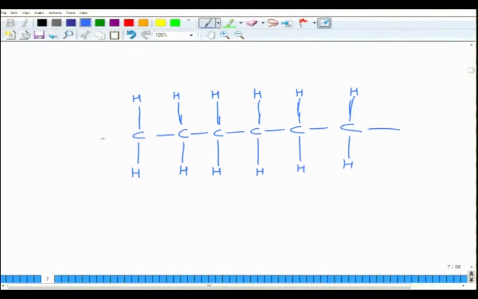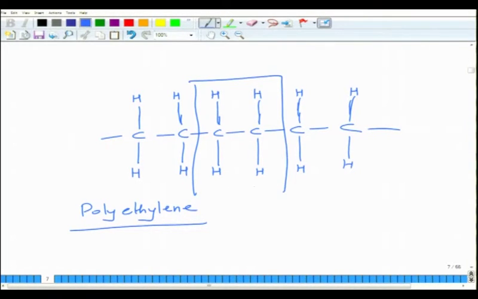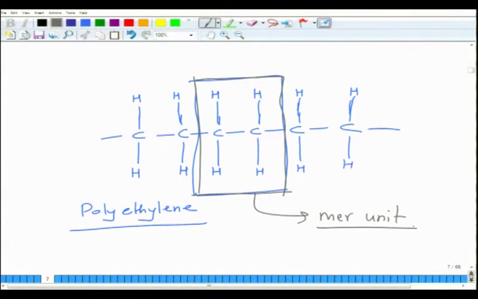So, this will make a polymer. This is called polyethylene, and the basic unit of this is the one shown here in this box. This is the mer unit or the monomer.